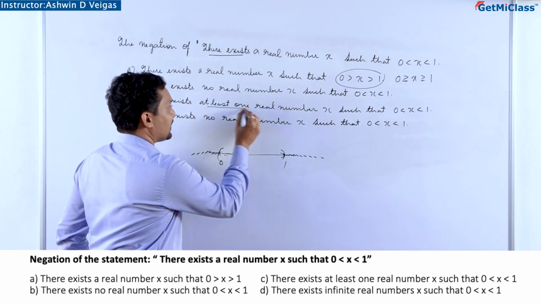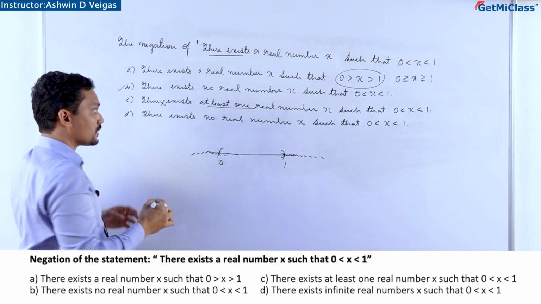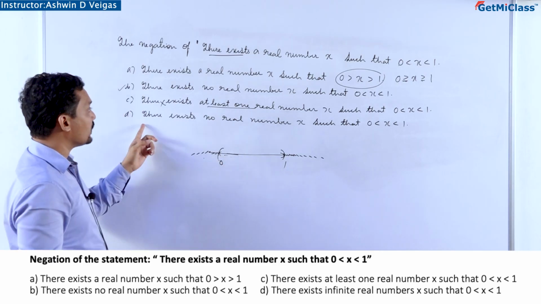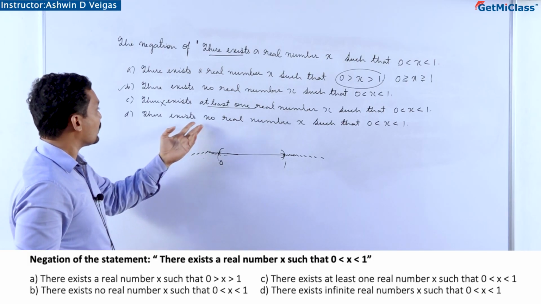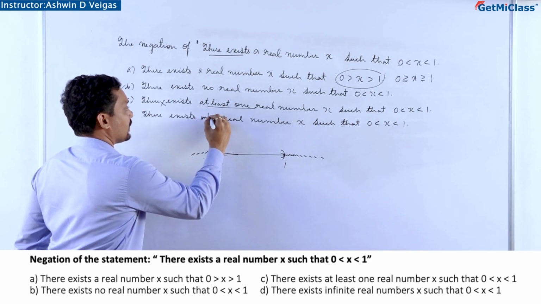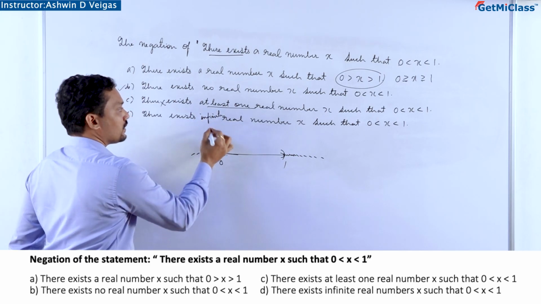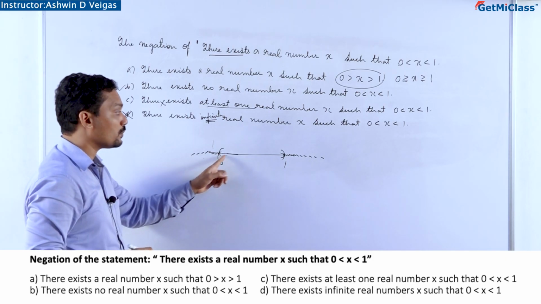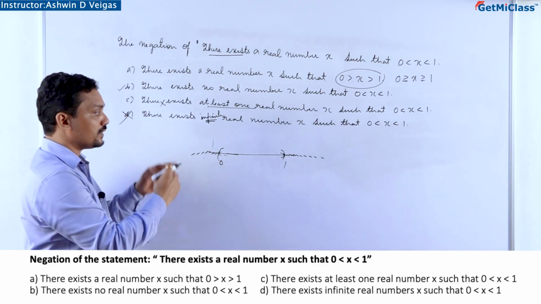So, there exists at least one is also wrong, because the negation should not include any number between 0 and 1. The next one was there exists infinite real numbers x between 0 and 1. Therefore, this also immediately becomes wrong, because there cannot be any number between 0 and 1 in the negation.